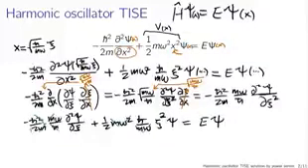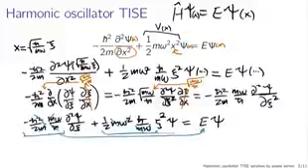What's nice about this is I have h bar omega over 2 here and h bar omega over 2 here. So I have the same constant, and I'm going to factor both of these constants out and move them over to E, to lump all of my constants together. I'm also going to change the ordering of the terms to get my two psi's together and mess with the signs a little bit.